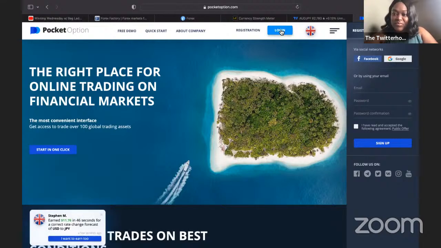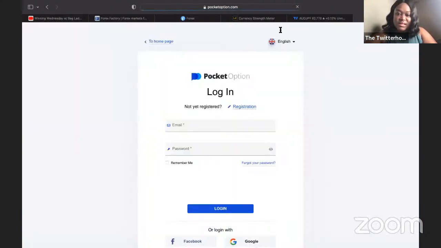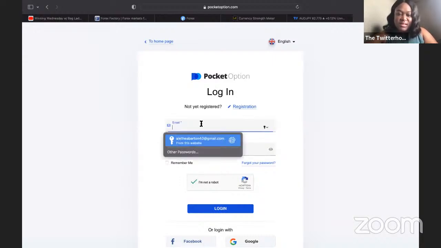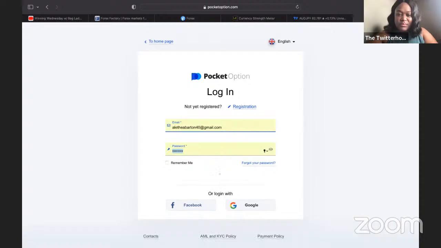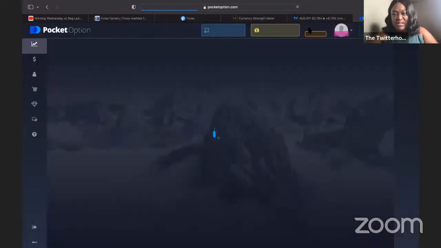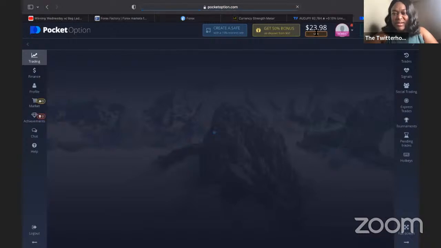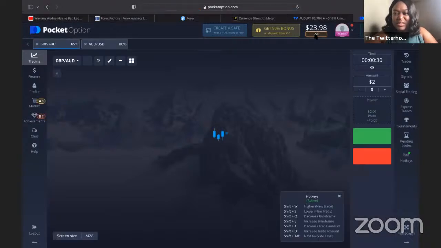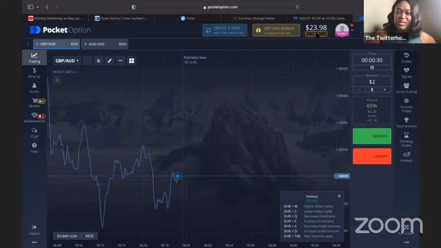I'm going to hit login. I'm not a robot. And here we go. Logging in. And I forgot that I put a little something in here. I'm going to go to my demo account, if it will let me.